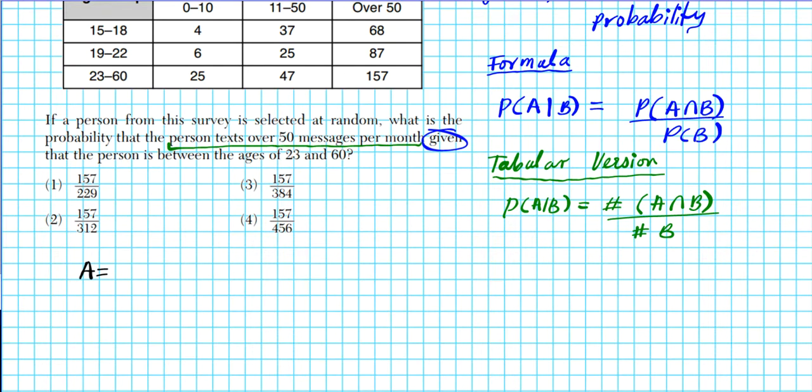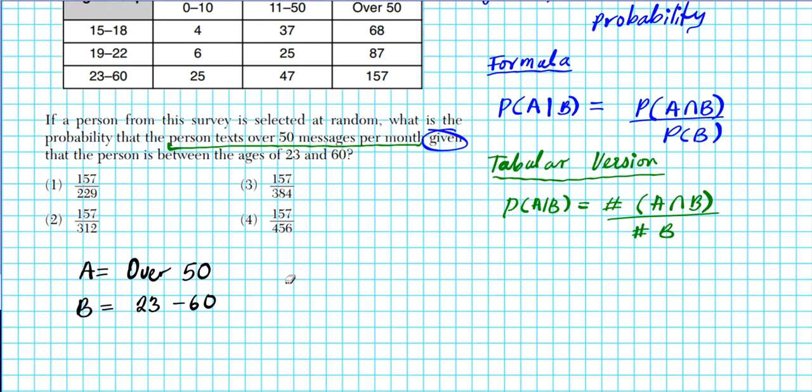So A is going to be over 50 messages. Okay, let's put over 50. And then it says given that the person is between, so that's what B is, what comes after the given, that the person is between 23 and 60. So let's call B 23 to 60. Okay? Alright, so we have our A and B.